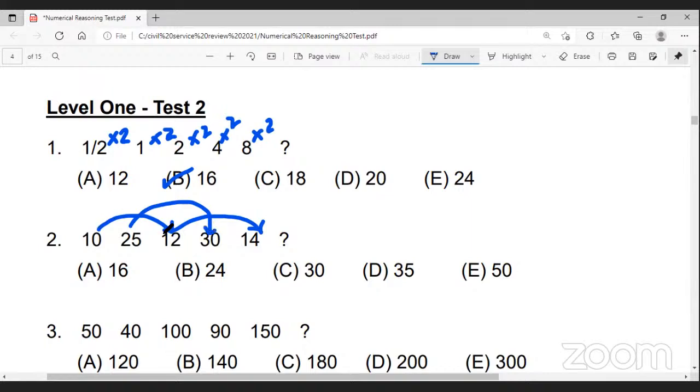So consistently, the terms in the odd numbered positions have a difference of 2, and the terms in the even positions, just like the second, the fourth, and the sixth, which is the unknown, have a difference of 5. So plus 5, plus 5, we are expecting that this unknown term is really 35.